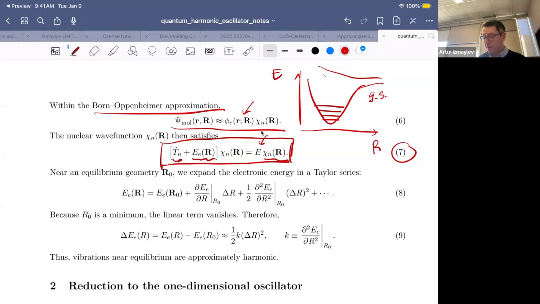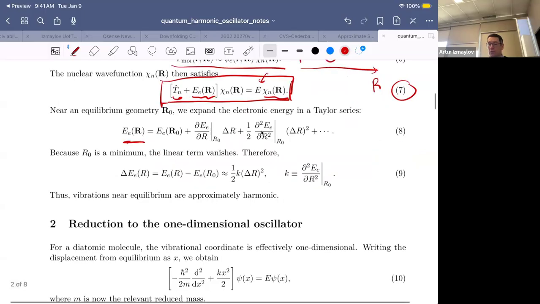Now, to simplify it, we do the Taylor series expansion. Why do we do Taylor series expansion? Well, because Taylor series expansion for any function represents the function as polynomials, and polynomials are the simplest functions out there to deal with.